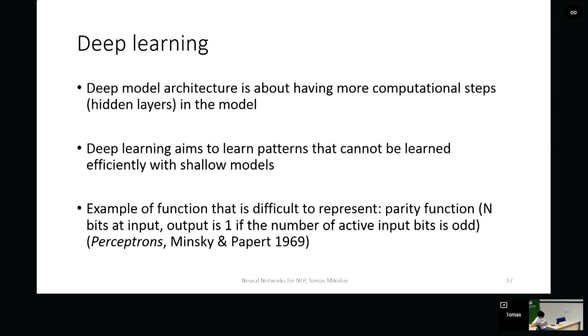That was the distinction from, I think, about 10 years ago when people started using this term. And nowadays it's more difficult to say what is deep learning and what is already something else.